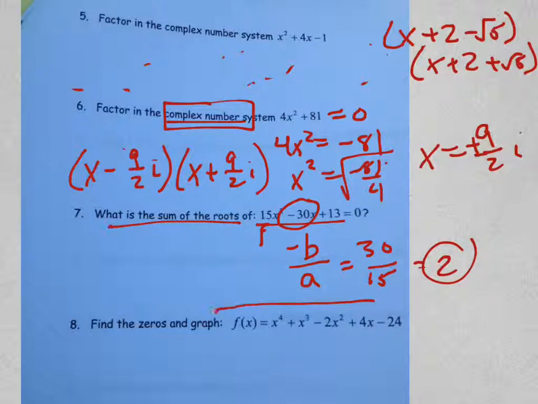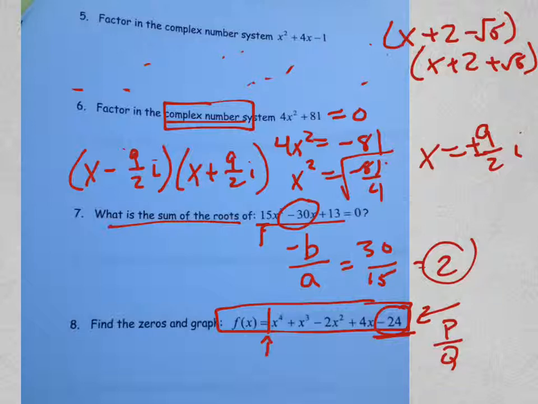So for this particular problem, to find the zeros of this, you would try to factor it if you could. And I don't have the time or the space to do this problem for you, but just to give you an overview, it doesn't factor, at least not in an easy way, so you would try to find P over Q, where P are all the factors of -24, the constant term, and Q is the leading coefficient.